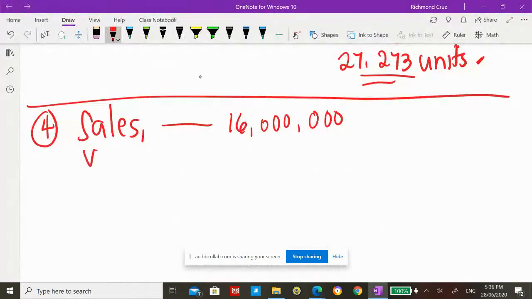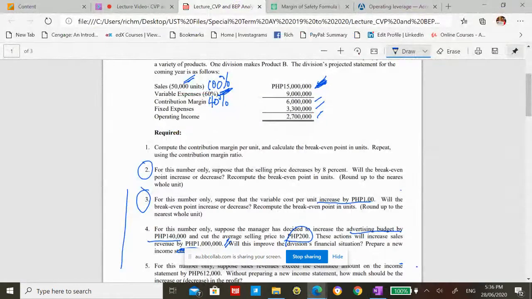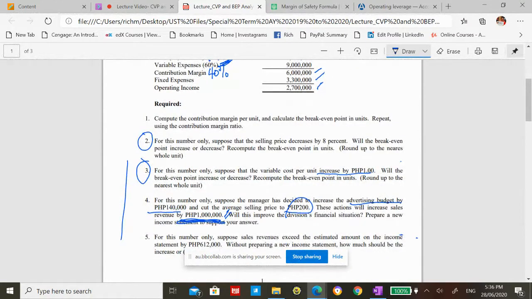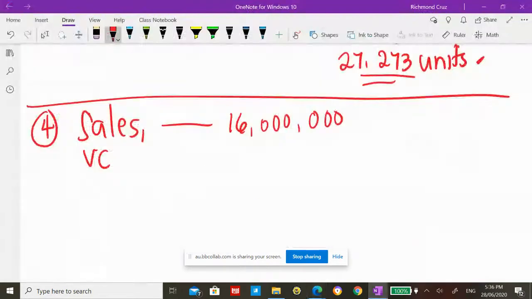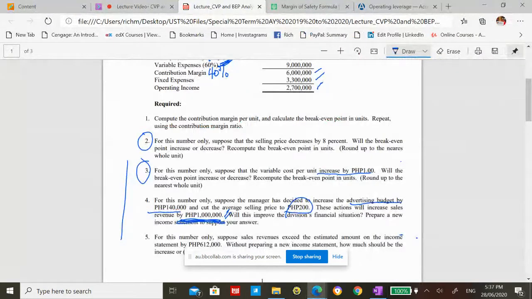So, yung variable expenses natin or variable cost, wala naman sinabi na magbabago siya. Hindi kasi pwedeng maging 40% ito, maging 60% yung variable cost kasi selling price yung nagbago, hindi naman yung number of units.